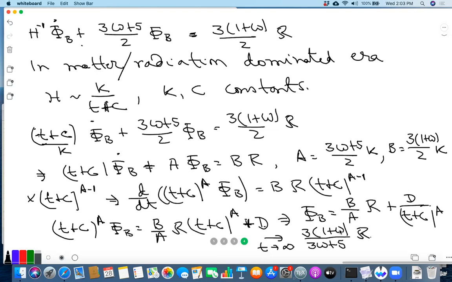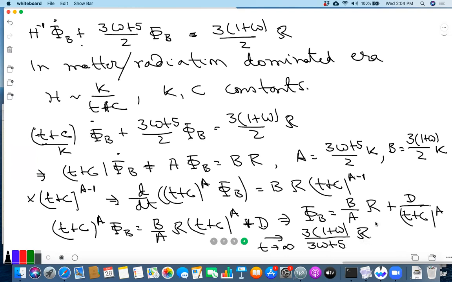Say 3 plus 3w will be 4 over 6, sorry. So it will give you 2/3. And for w equal to 0, we get 3/5.